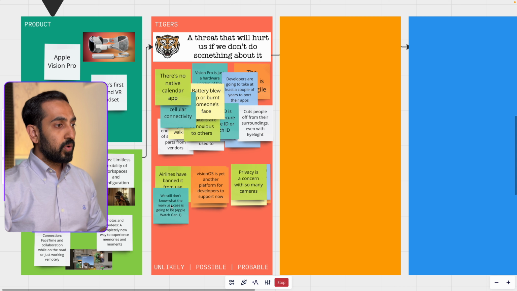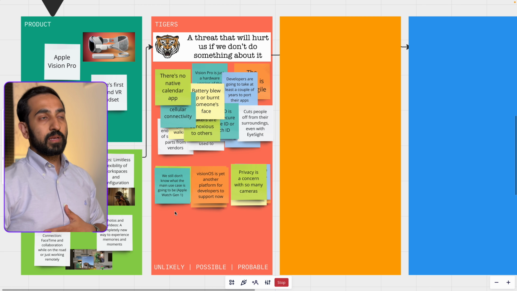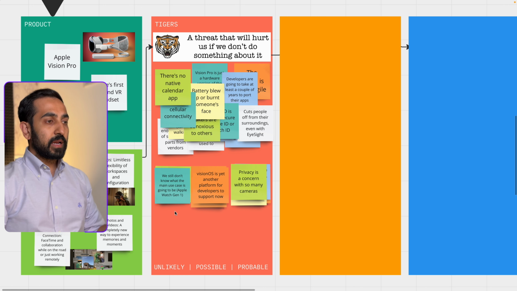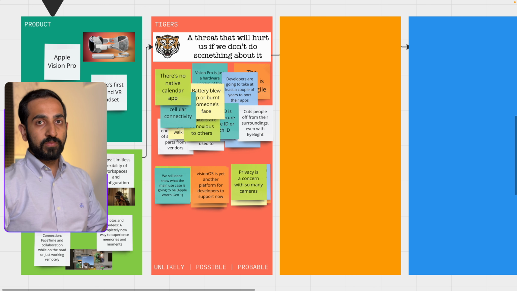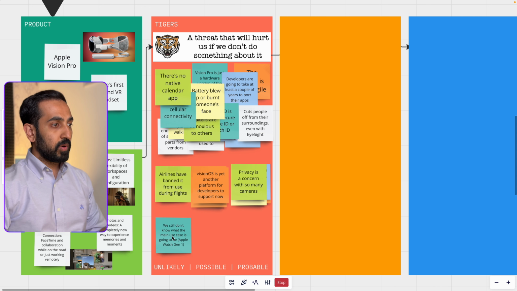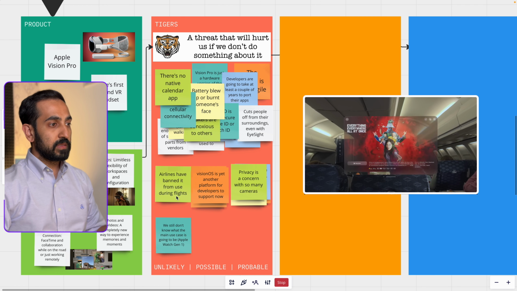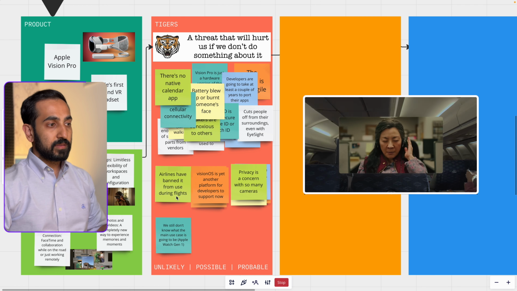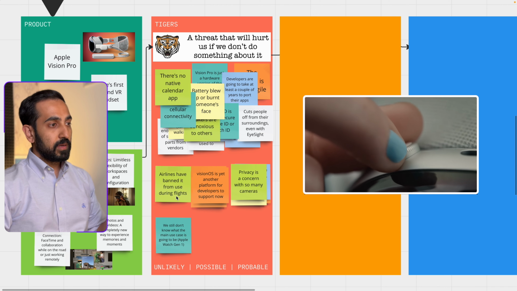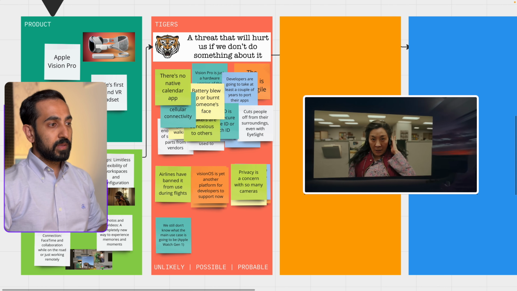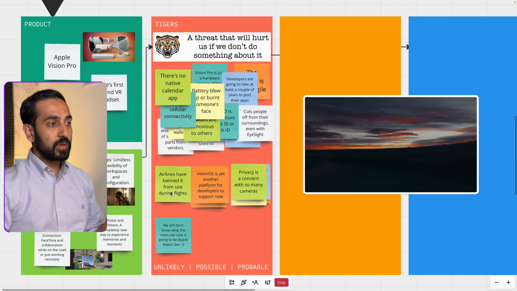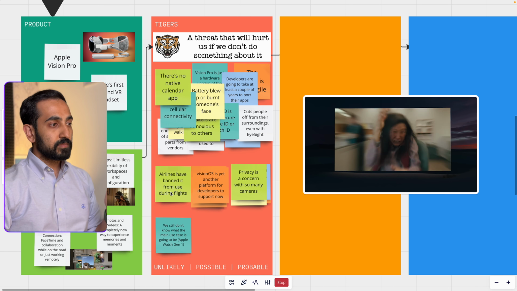One, we still don't know what the main use cases are going to be. That's true, but it's unlikely to be a reason for the failure of the product because this is still a Generation 1 product. Airlines have banned it during its use during flights. Yes, this is something that could happen, but it's not something that will lead again to failure of the product.